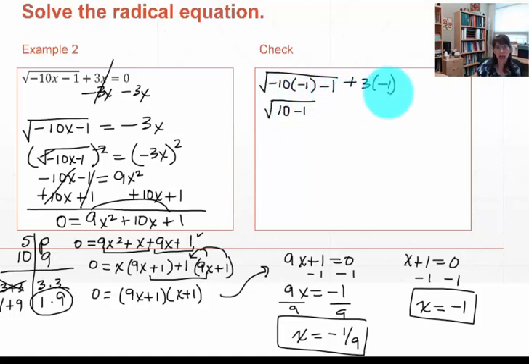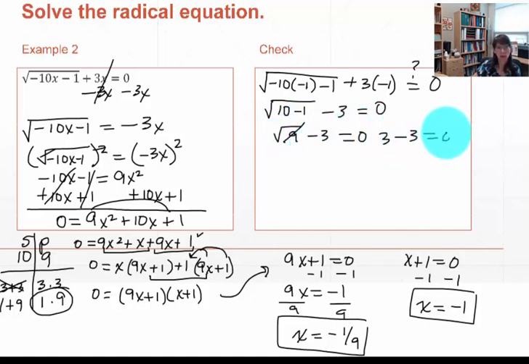And then 3 times negative 1 would be minus 3. And we're checking to see if that really equals 0. Square root of 10 minus 1 means the square root of 9 minus 3. So that's 3 minus 3 equals 0. That's true. So it looks like we're going to be able to keep this answer of negative 1.